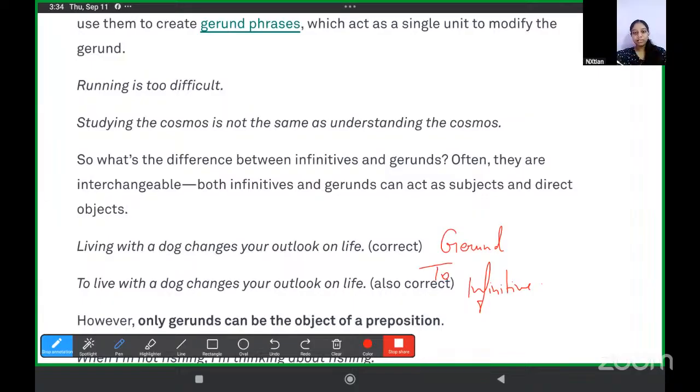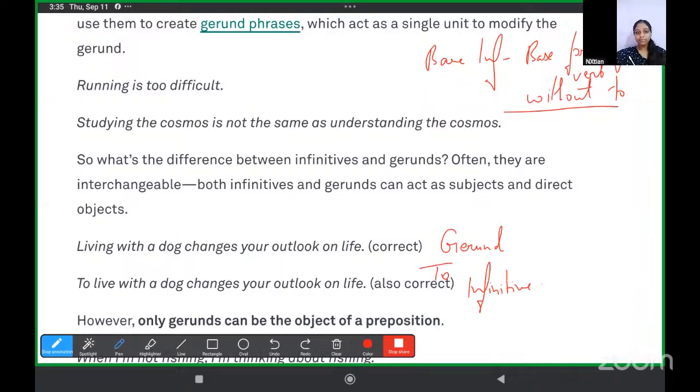But bare infinitive is the base form of a verb, the base form of a verb without to. But gerund is more like the noun form.